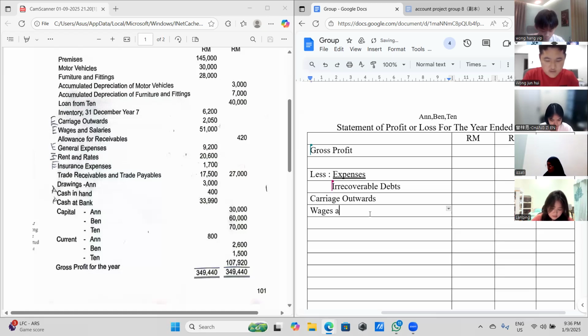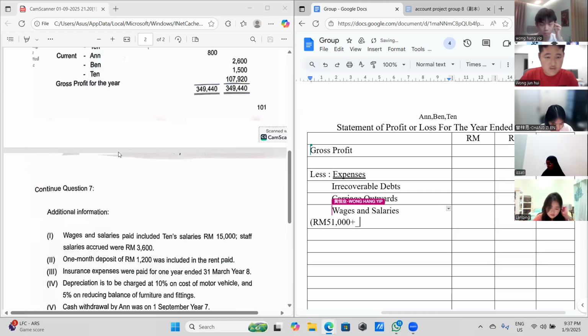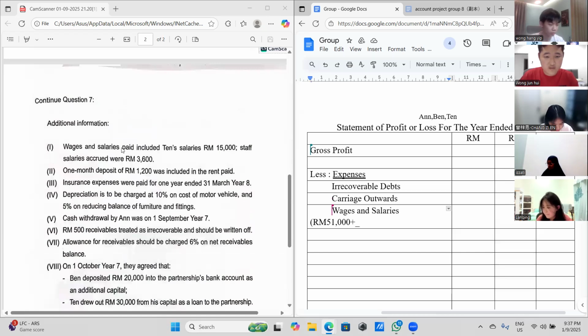And also the wages and salaries, which is amounted as 51,000, and we must plus 3,600 from the additional information over here, since our salaries is accrued, and minus 15,000 since we have prepaid the salaries, and we get 39,600.